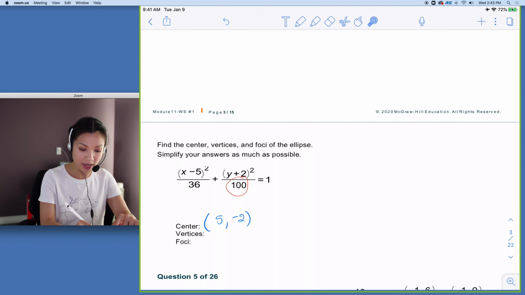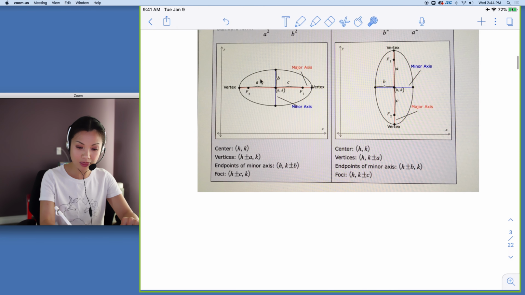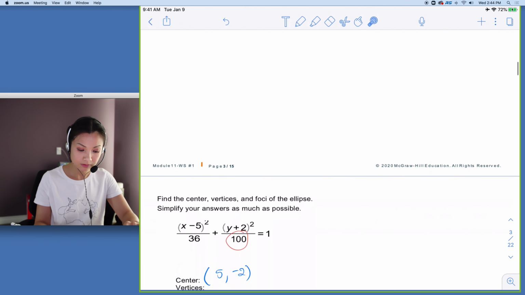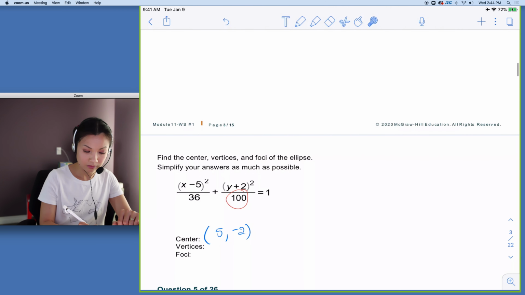So what we have for the vertices is, y is going to change. So we keep h, which is 5.